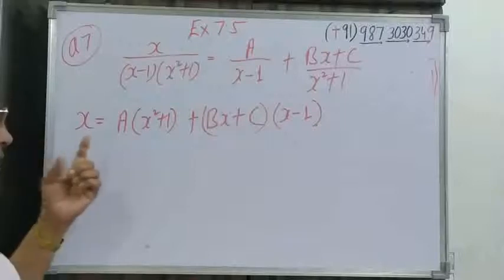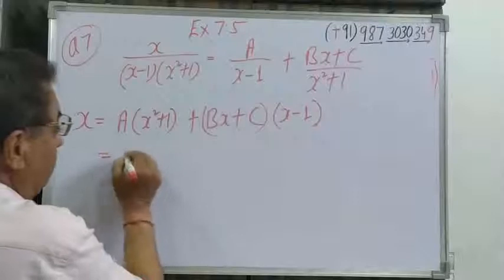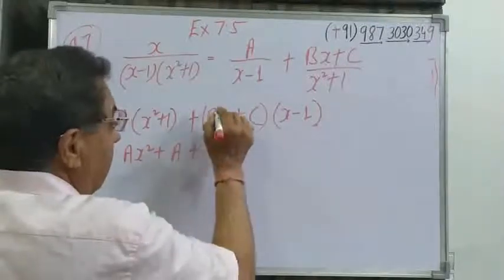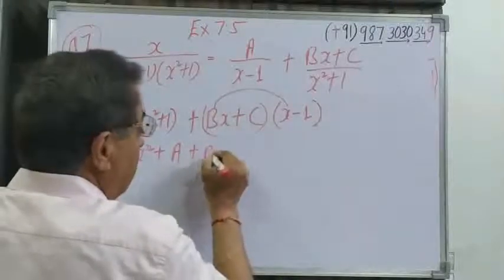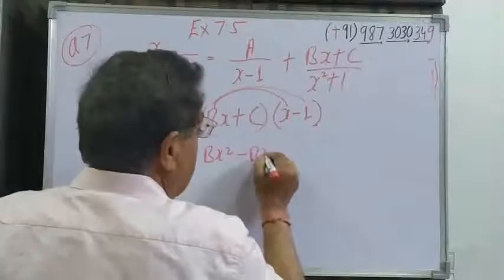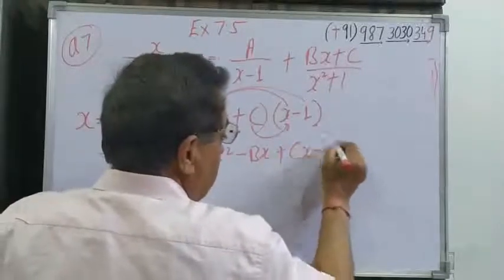Now how to find the values of A, B, C? I simply clear the brackets: we get Ax square plus A, and Bx square, then Bx with the minus 1 gives minus Bx, Cx minus C.